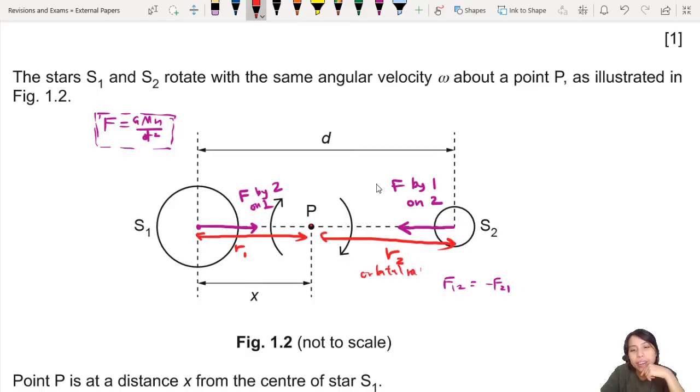Remember, you have circular motion like this. How far are you from the center? That's what you're going to use. So R1 is X. R2 is D minus X. Let's write that down somewhere here: R2 is D, the whole distance, minus X.